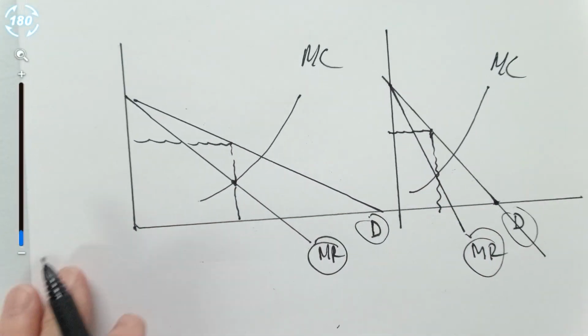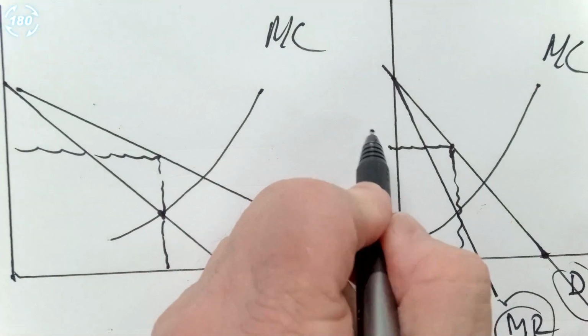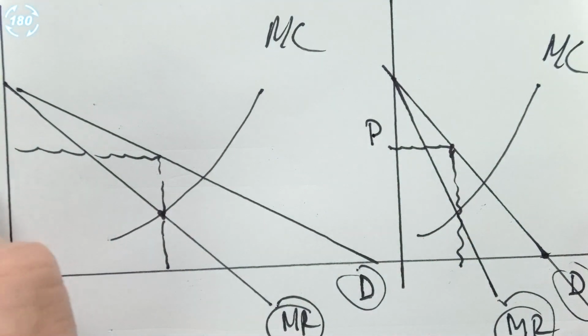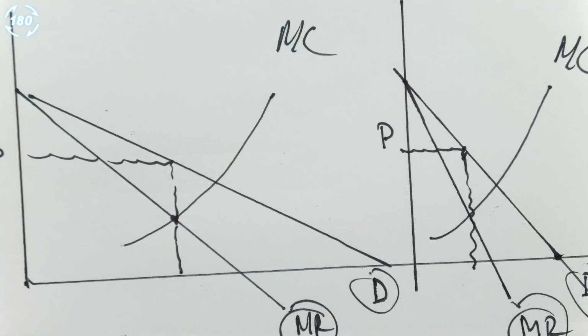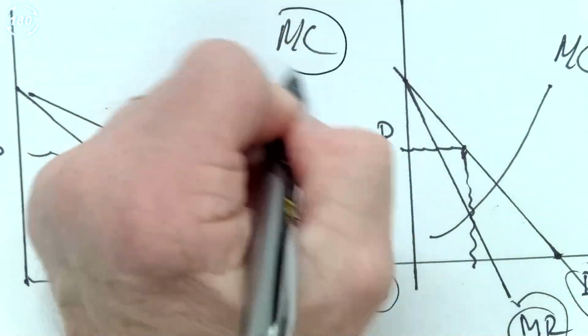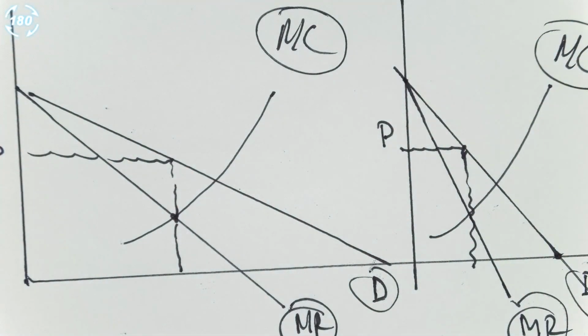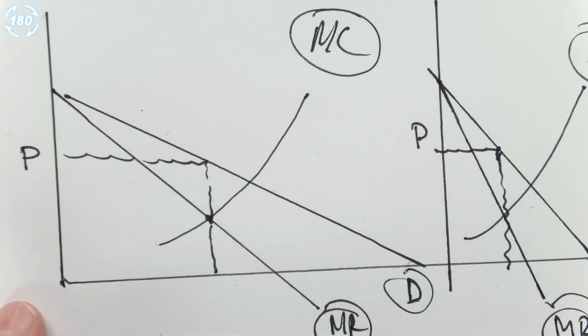I don't know how convincing my picture is. But the price here could be higher than the price here because the demand curve is steeper. Okay. In other words, you're going to have a thinner but taller profit rectangle, aren't you? That's right. So depending, it's going to have a different shape to it. That's for sure.